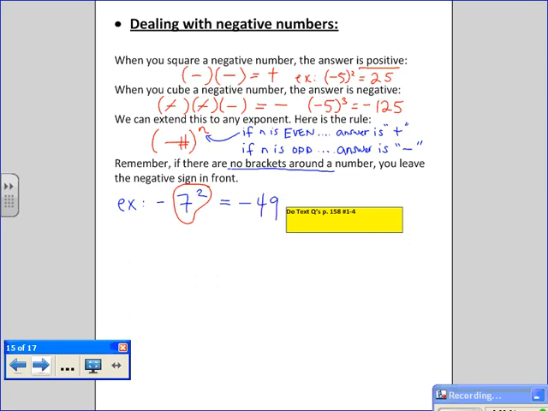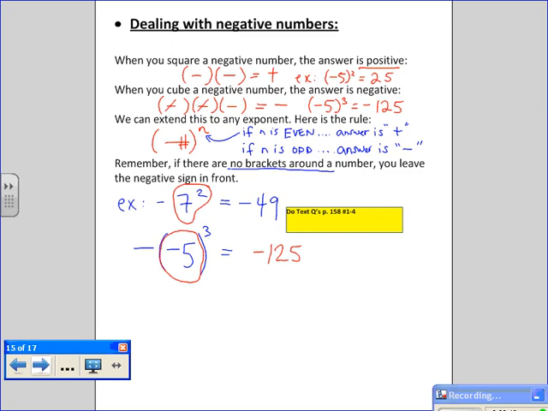And another example here, if I have a negative sign out front, let's say I have brackets like this, with another negative inside. Again, just remember that what's in the brackets is what you're cubing. So we would have negative 5 times negative 5 times negative 5, which is equal to negative 125.